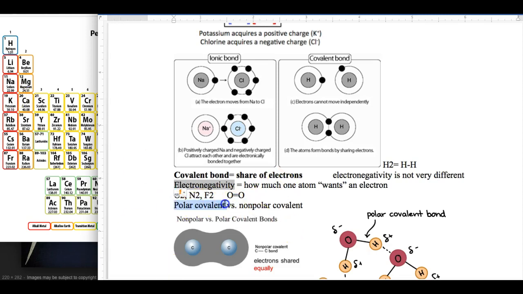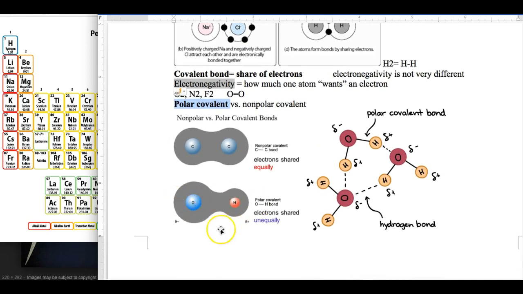However, for a polar covalent bond, such as right here, an oxygen and a hydrogen bond, oxygen is a lot more electronegative than hydrogen. That means oxygen wants the electron a lot more, okay? So you will have electrons shared unequally.